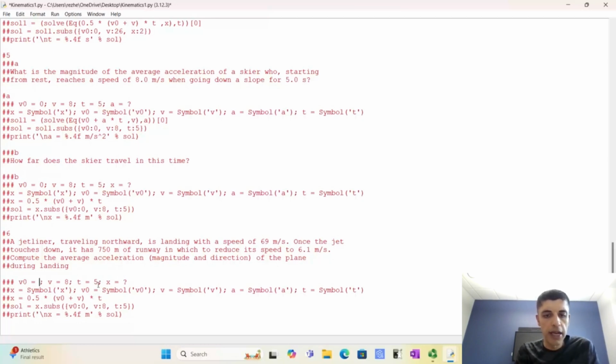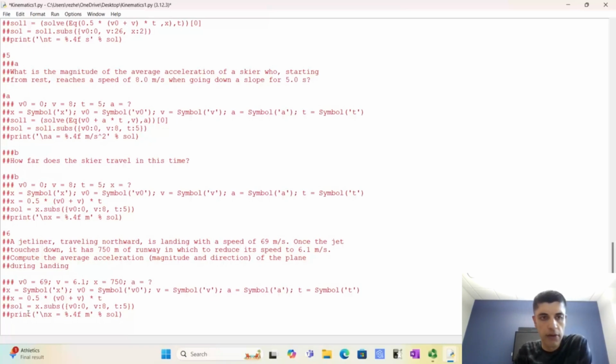So this is going to be 69, and then V final here is 6.1. This 750 meters, that is going to be X. So X here is 750, and then we need to solve for A. Acceleration is the unknown variable that we need to solve for.